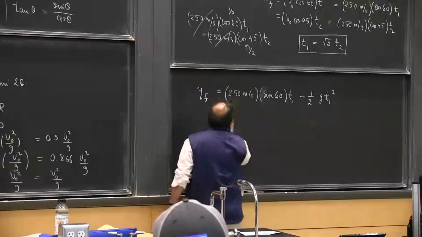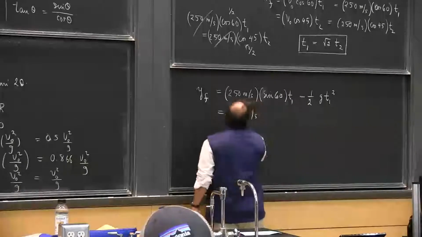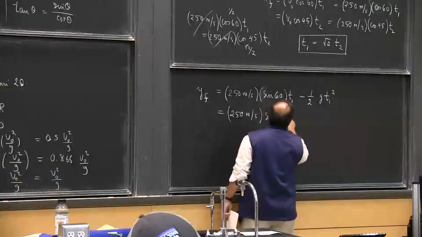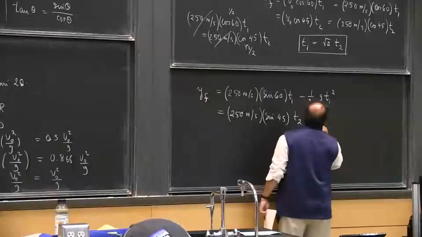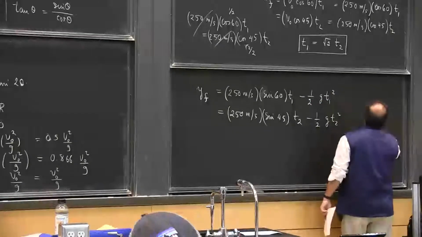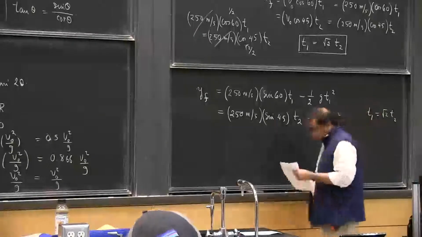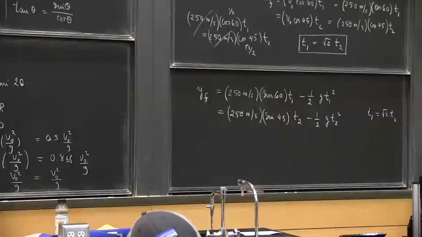Similarly, I should be able to write 250 meters per second for the second guy times sine of 45, times T2 minus 1/2 g T2 squared, remembering that T1 and T2 are related by T1 equals root 2 T2. So in other words, T2 is small. If you multiply T2 by 1.414, almost 1.5 times, that will be your T1.